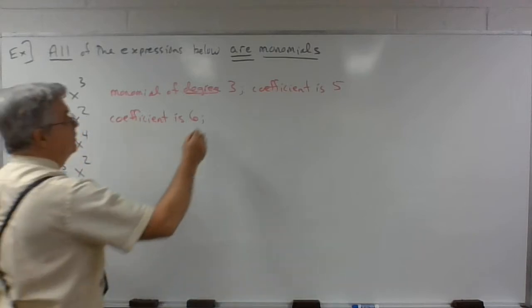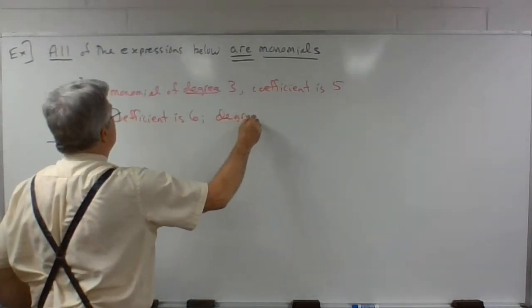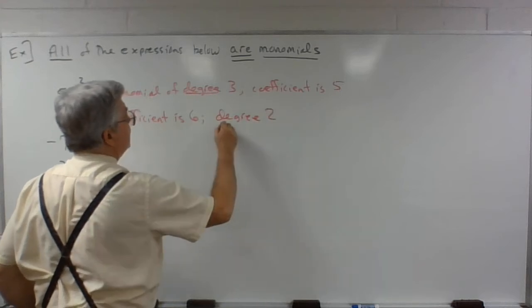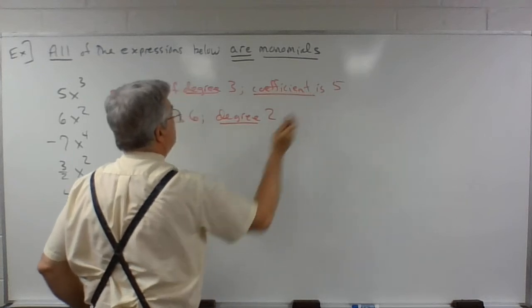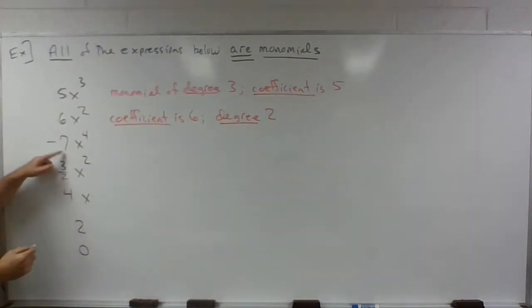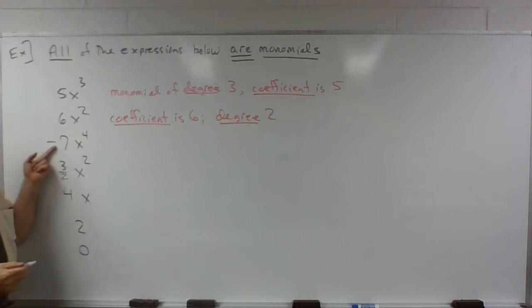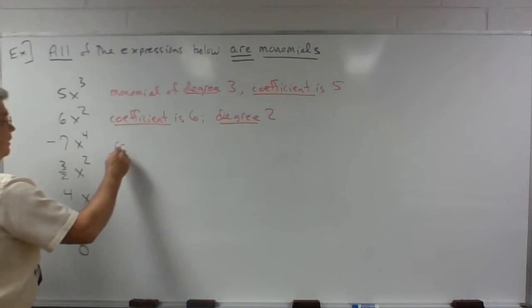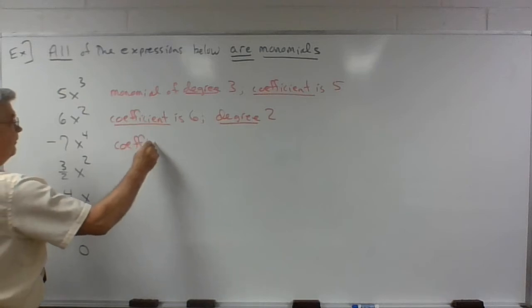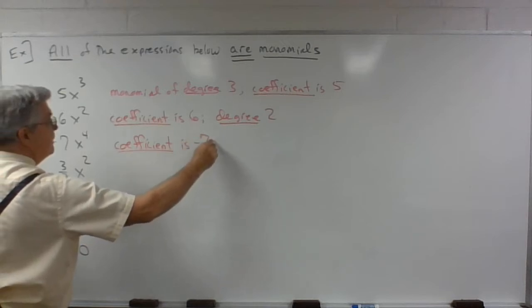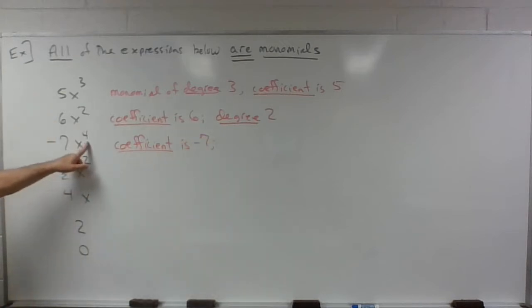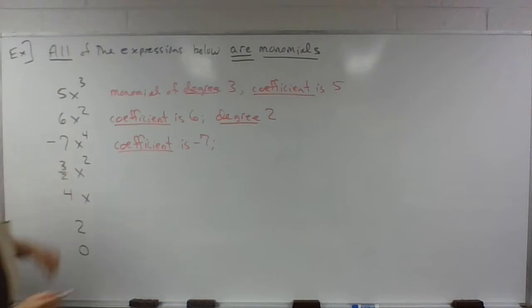The degree is 2, right? Here, this is negative, but that's okay. The coefficient can be any real number constant, including a negative constant. So coefficient is -7, and the degree, that's 4.